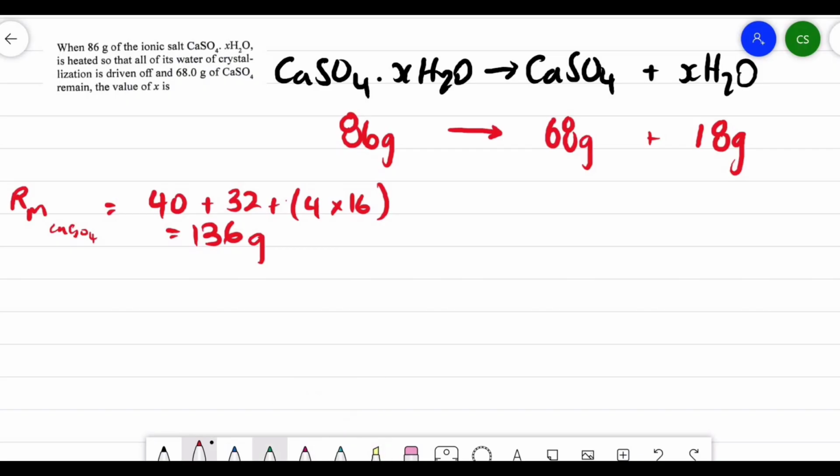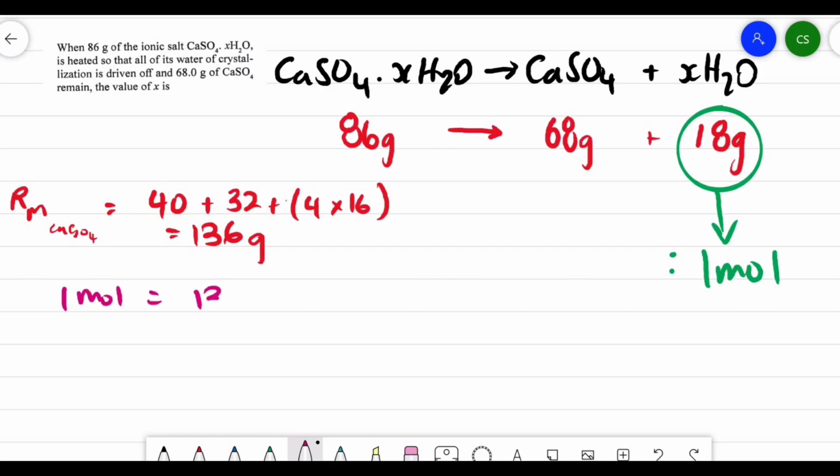Seeing that you already know that 18 grams of water would give you 1 mole, now you need to find the amount of moles of calcium sulfate. So you know that 1 mole is equal to 136 grams. So some amount of moles would be equal to 68 grams.